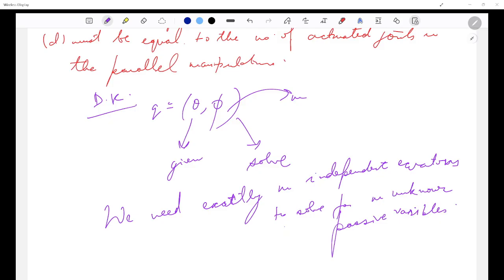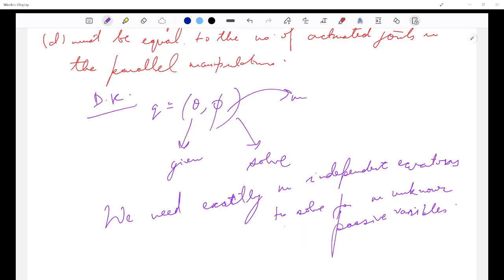Okay. This is very important. We do not necessarily use all passive joints in formulation, right? Because they can be independent, they can be dependent, and then all the constraints may not be independent. So we may break the mechanism cleverly.